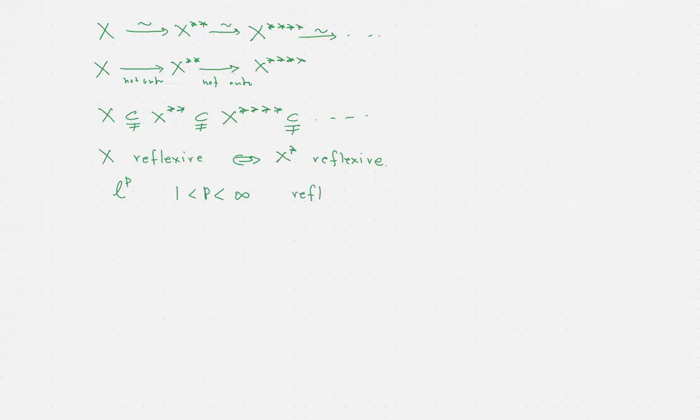And then pretty much all the other spaces that we saw, so C of K and L infinity and L1 and c and c naught, all these spaces are non-reflexive.